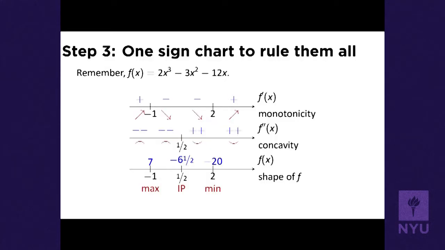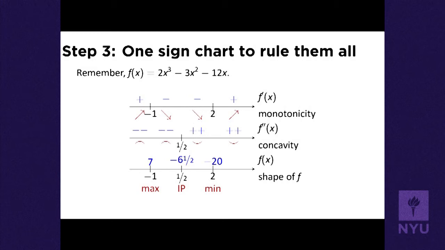The point 1/2 comma -6.5 is an inflection point of the graph. And at 2, -20 is a local minimum value. And see this f of x here says that I'm plugging these x's into the function f.